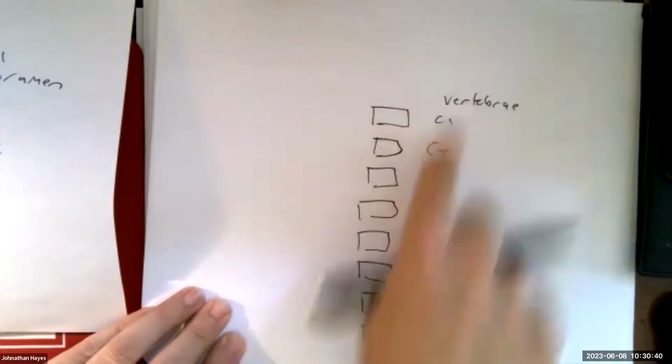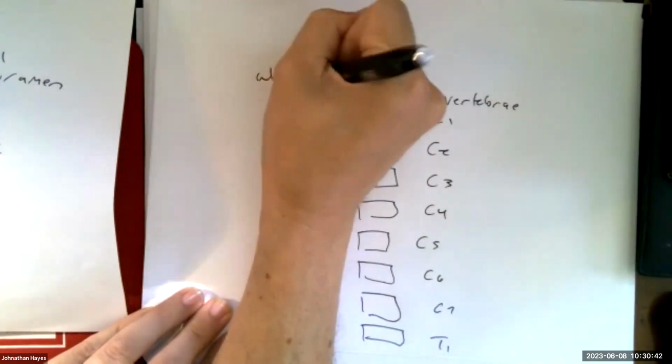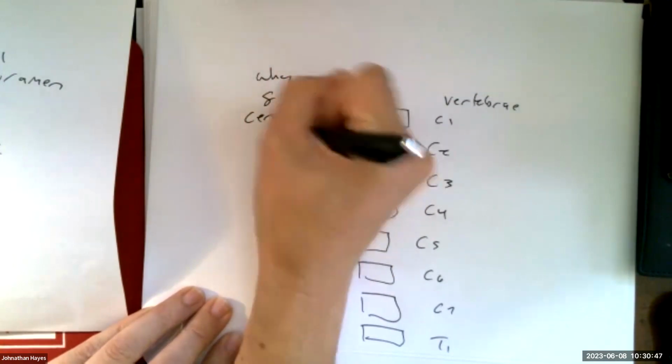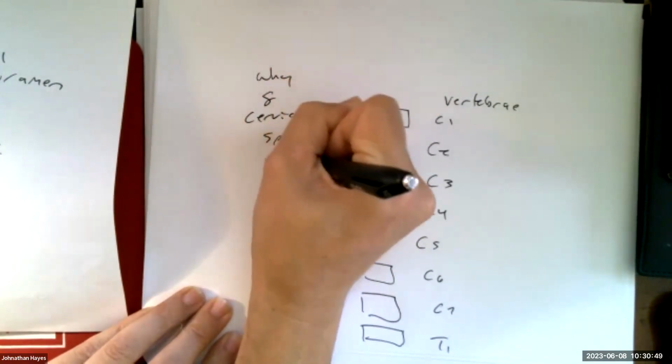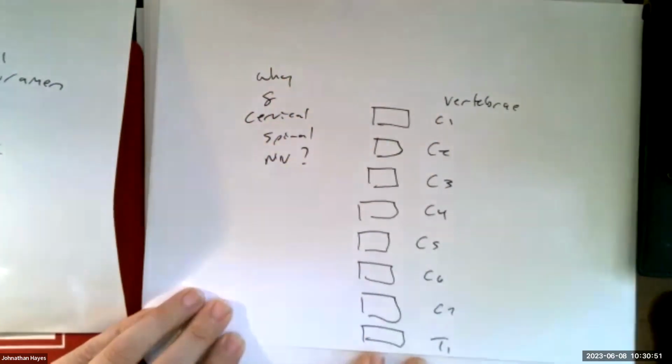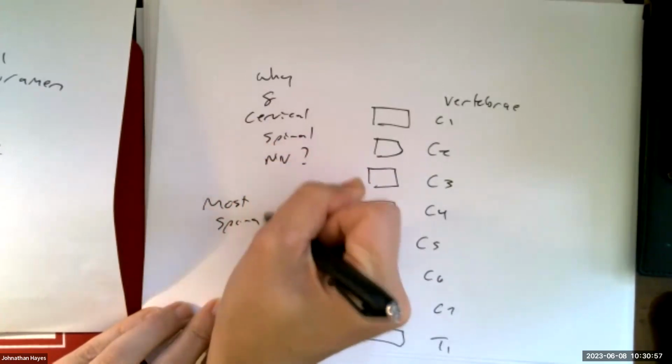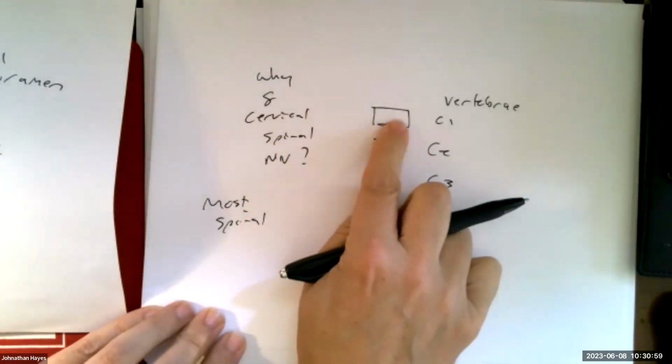If you ever wonder why we have 8 cervical spinal nerves when we only have 7 cervical vertebra, it's because most spinal nerves are named from the vertebra above.